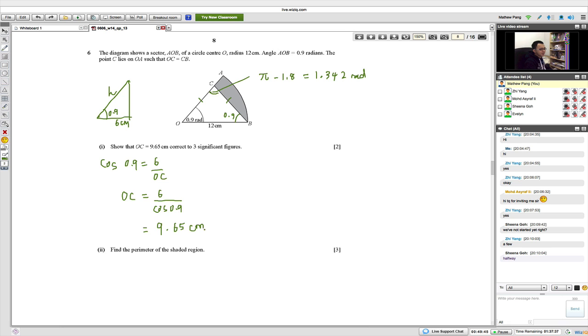Okay, then you have to find the perimeter of the shaded region. So you try to find this one. I will come back in 2 minutes.